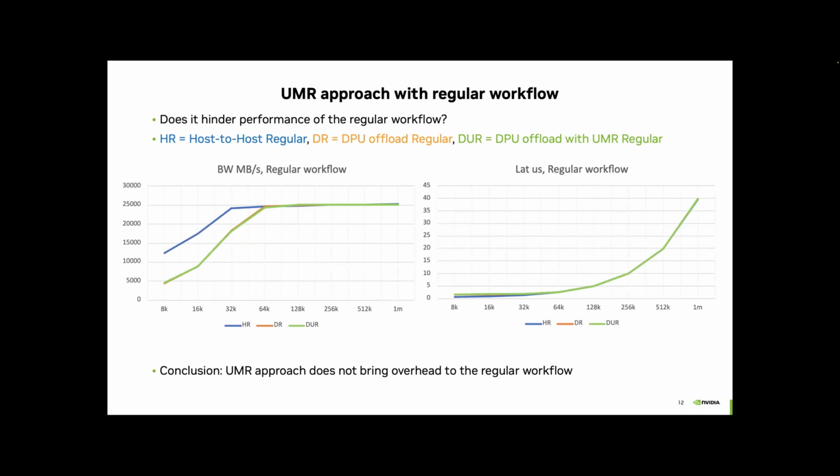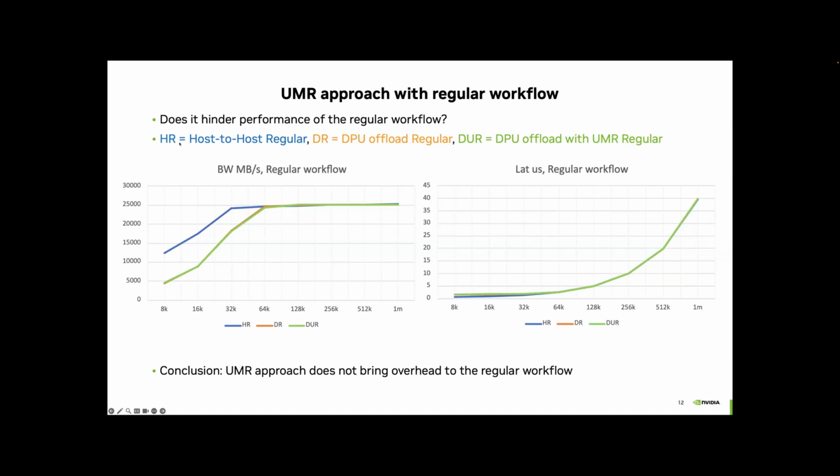Okay, and this graph is not super interesting. Basically here we just test UMR approach with regular workflow. It means we create a single buffer and use it for all the performance iterations. And we just need this graph to understand if UMR approach brings some overhead to the regular workflow. So on this diagram, there are three graphs.